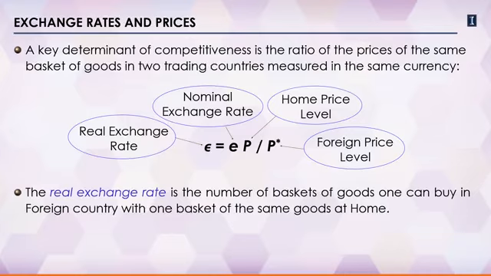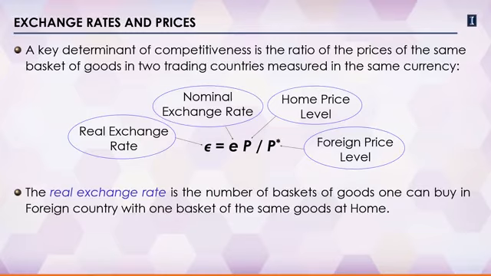Rather than thinking about one unit of domestic currency and how much foreign currency it brings, here we're looking at a basket of domestic goods and figuring out how many foreign baskets of goods it brings us. This ratio is very important for competitiveness because once this number goes down, the country becomes more competitive in international markets.